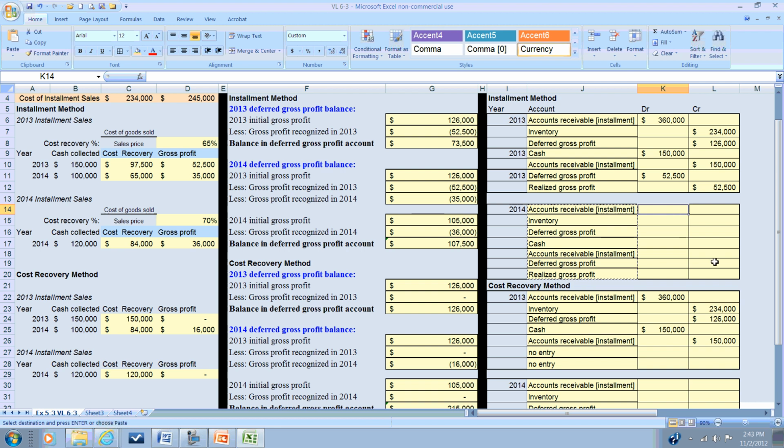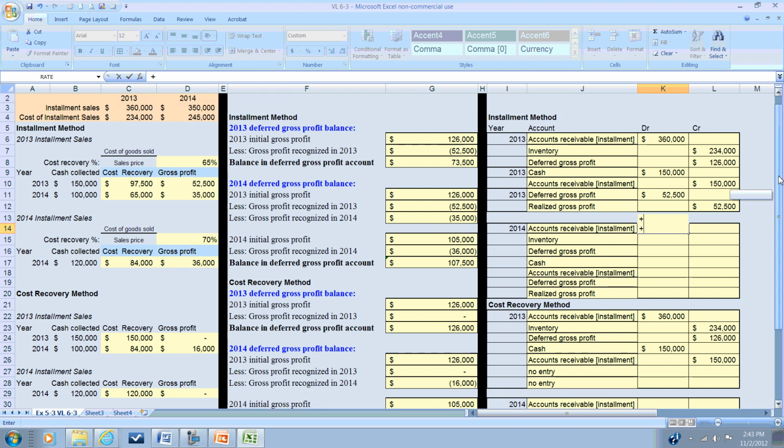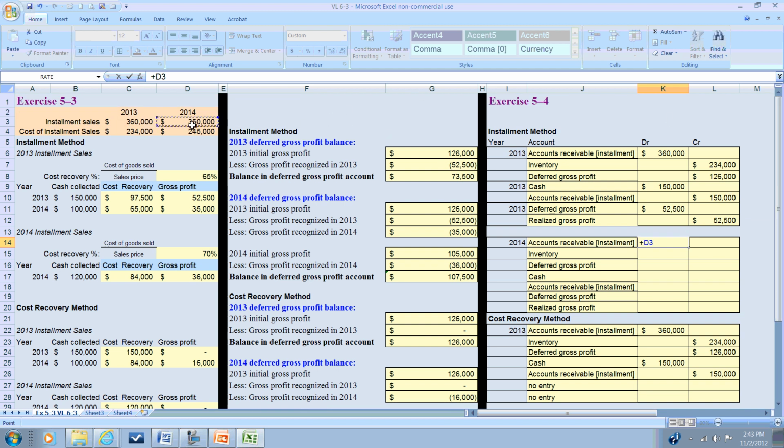All right, in 2014, under the installment method, our accounts receivable will increase by our 2014 sales, inventory reduced by the cost, and our deferred gross profit is the difference between the two, and that records this $214,000 2014 installment activity.